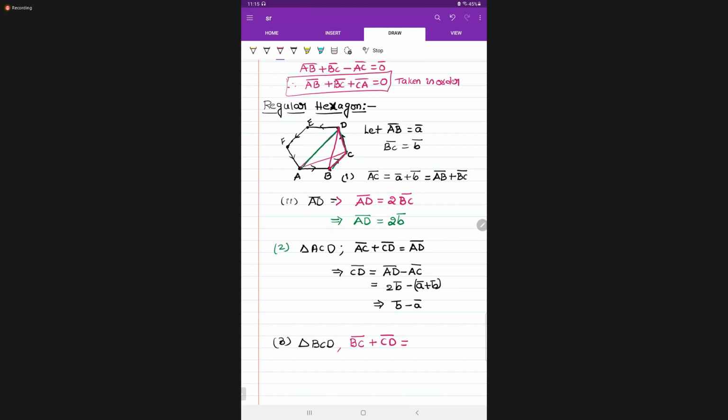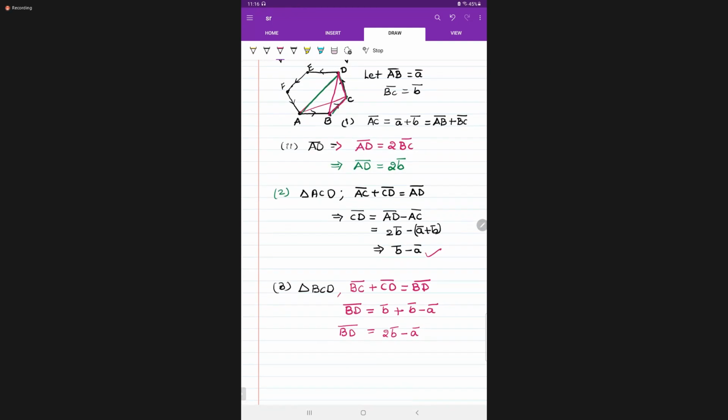So from this I want BD bar. What is the value of BC bar? B bar, ma'am. What did you get for CD bar? B bar minus A bar. Then what is the answer for this? BD bar is equal to 2 B bar minus A bar. Clear, all of you? Yes, ma'am.